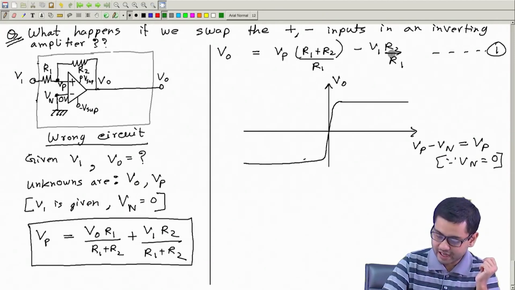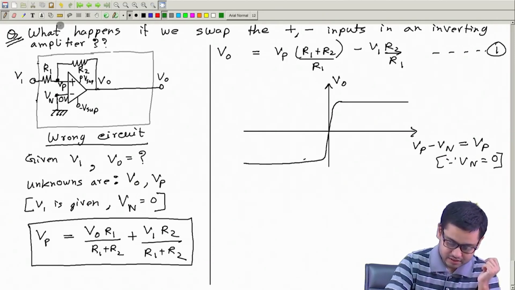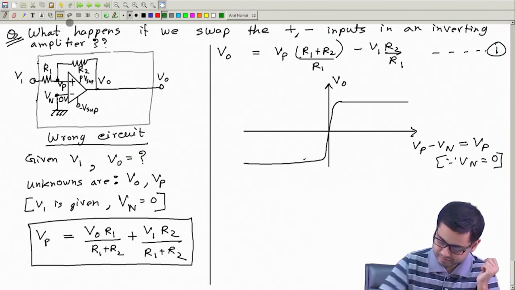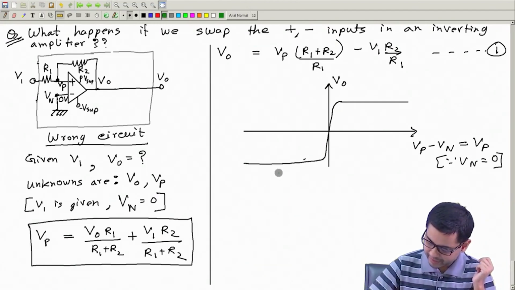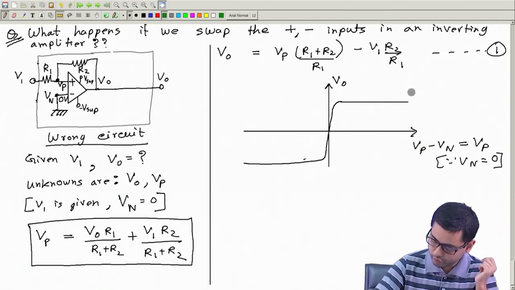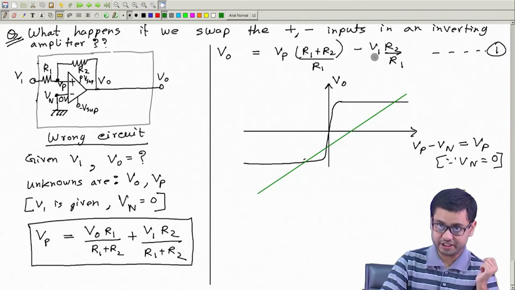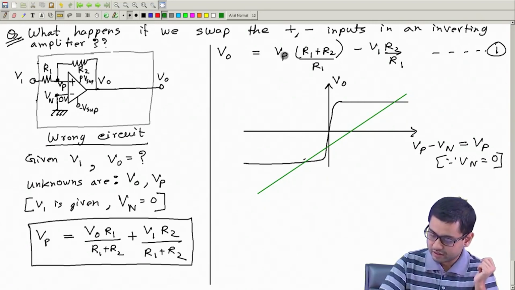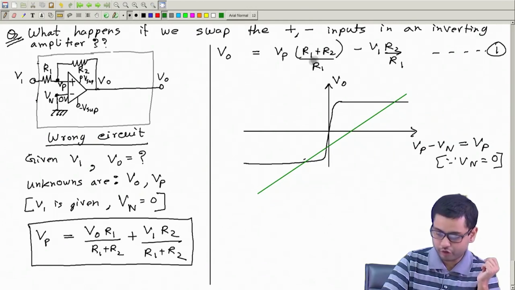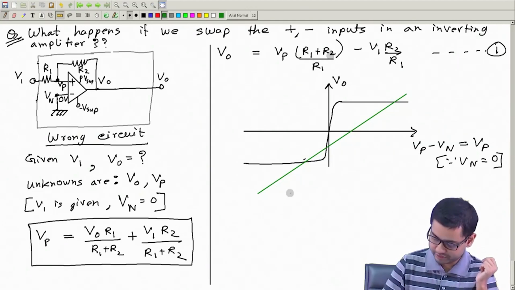That curve will look like this: the slope will be positive but the intercept will be negative, because V1 is assumed positive, and the slope is of course positive because resistances are positive.